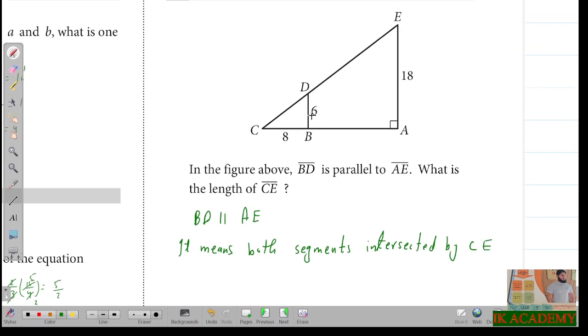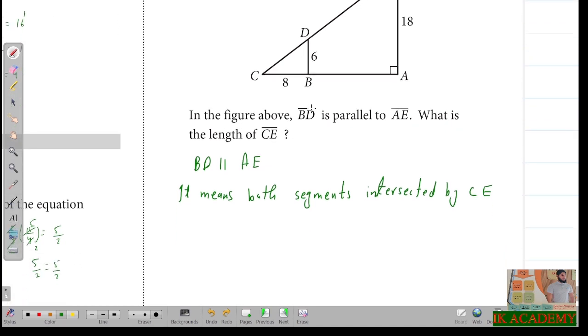Here we can see in triangle BDC and in triangle ACE, the angle at the point C, this curve, is the same. This angle is the same in both triangles. So we can say the angle BCD is equal to the angle ACE, because they are the same angle.